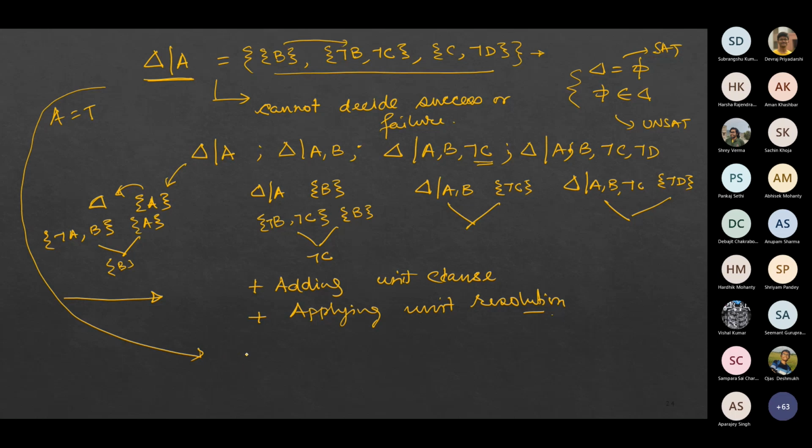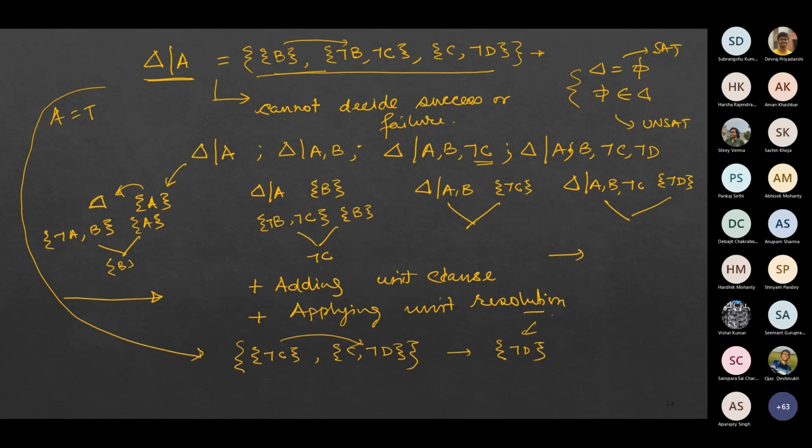If we apply unit resolution, we get negative C and C, not D. Now we can apply unit resolution here over C, and if we apply unit resolution over this, we just get D. In a single step, we are coming from this stage to this stage.